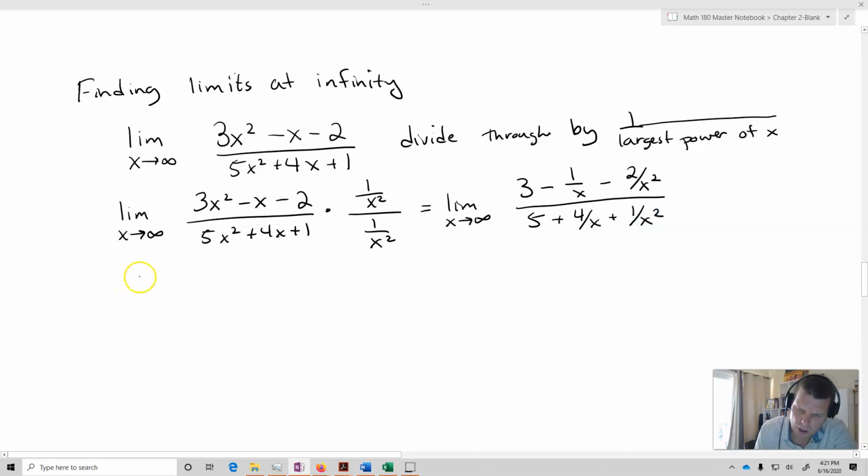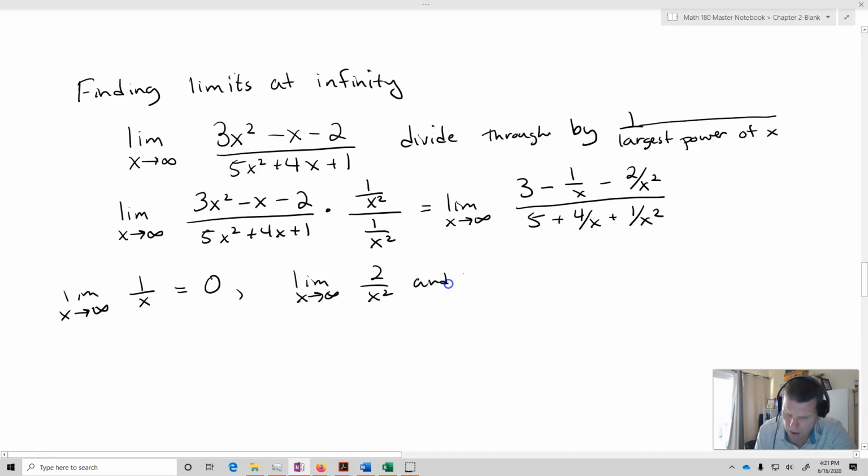Now here's the thing. The limit as x goes to infinity of 1 over x is going to equal 0 by that last statement that we had. The limit as x goes to infinity of 2 over x squared, 1 over x squared, and 4 over x are also all going to equal 0.